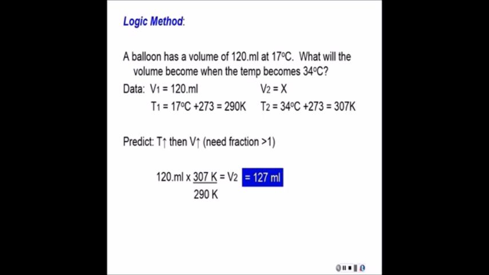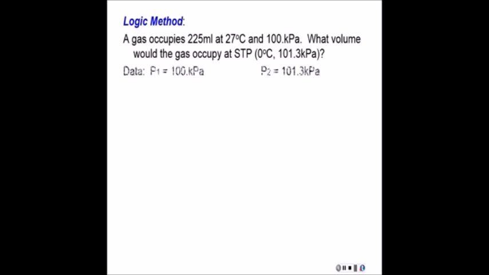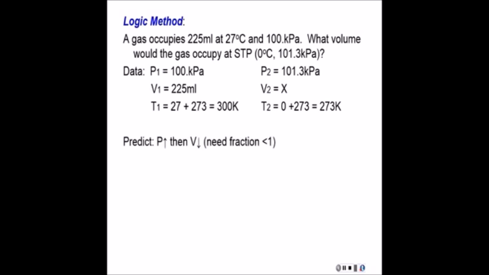And we can even apply the logic method to more of the gas law, as we saw in the third problem. So here's that gas law again, and here's our data. In this case, we'll take each change separately and see what would happen to the volume when each of these changes happens. So the first thing we'll look at is pressure.